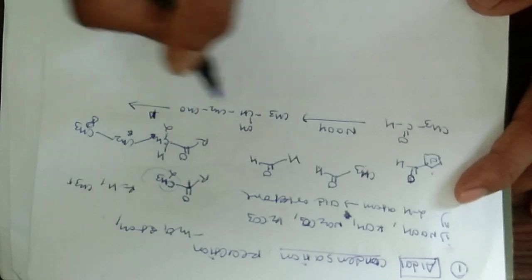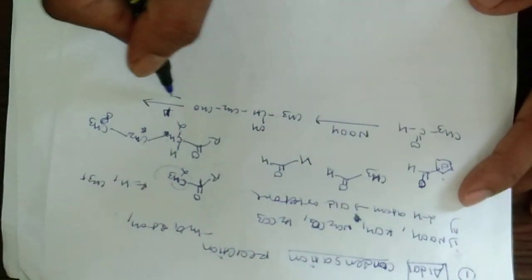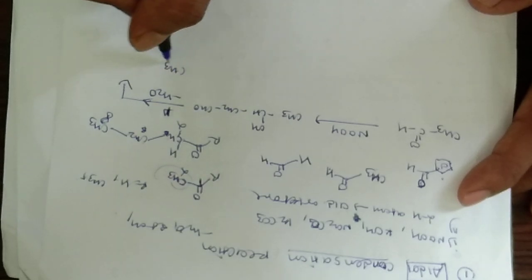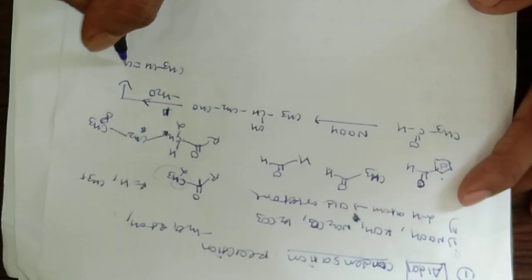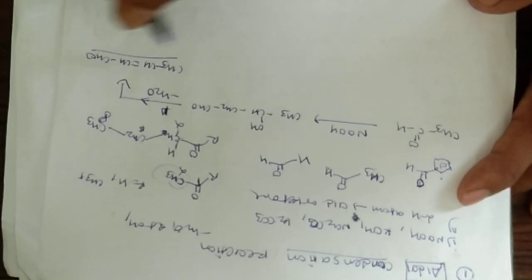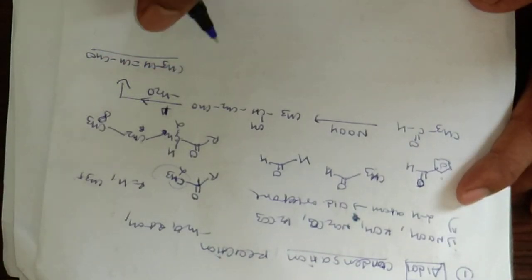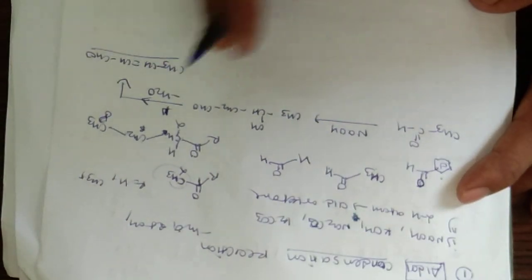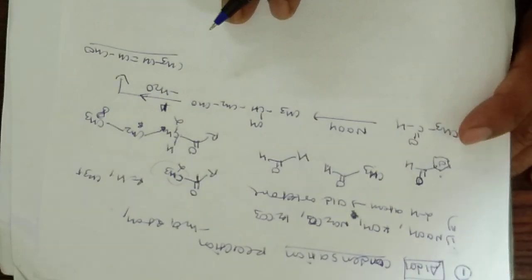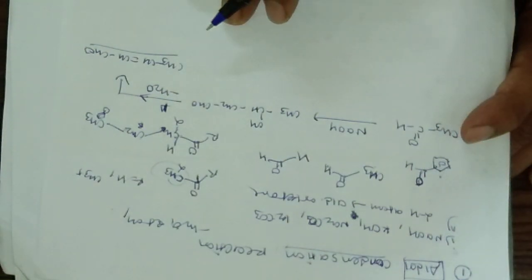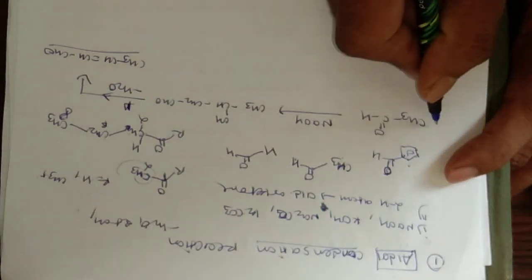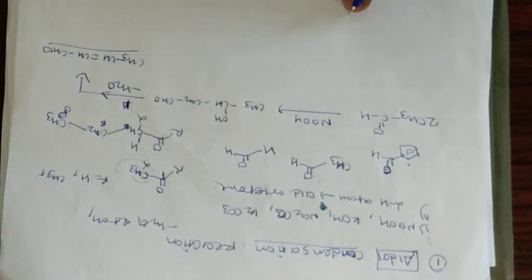If we heat this further, water is removed and the product is CH3CH=CHCHO. This is the condensation reaction, and the overall reaction is called the aldol condensation reaction. Here two molecules of acetaldehyde are used.